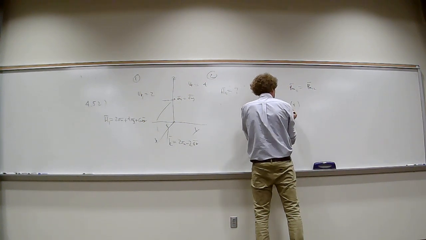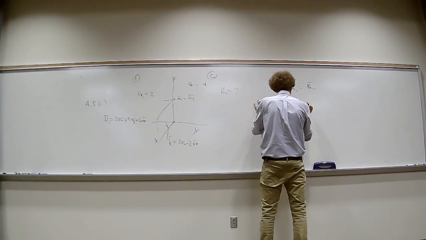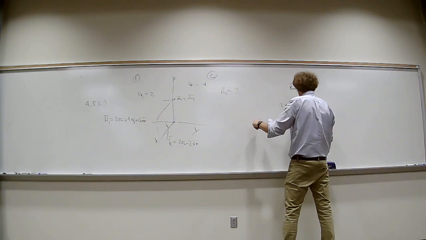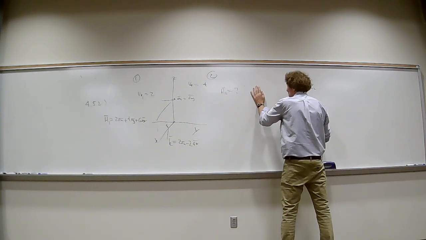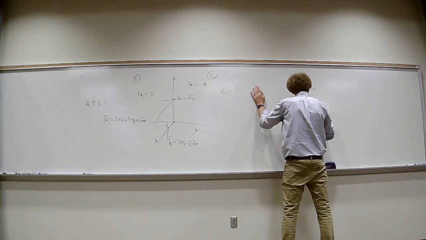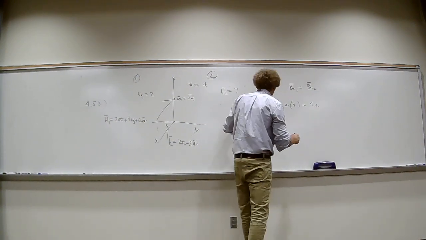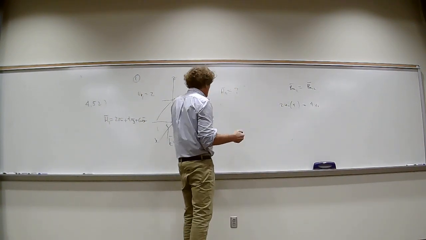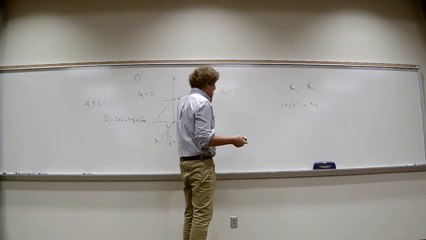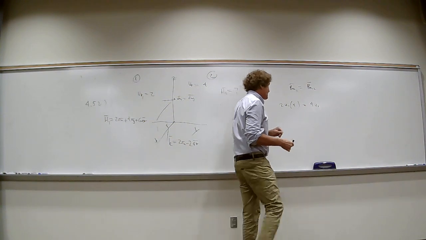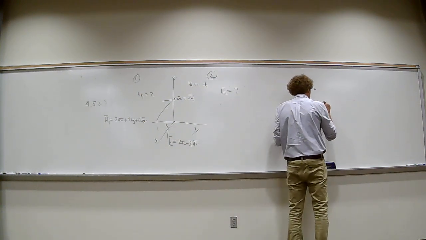That's mu times the H field in region 1, which has to equal the B field in region 2. The B field in region 2 is going to be 4 mu naught, since mu is equal to mu relative mu naught, times the H field in region 2.